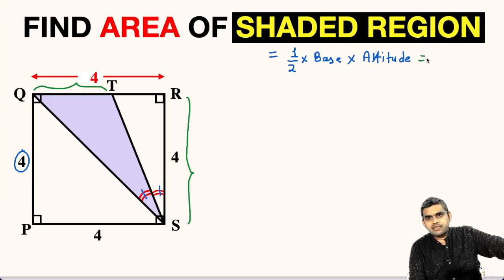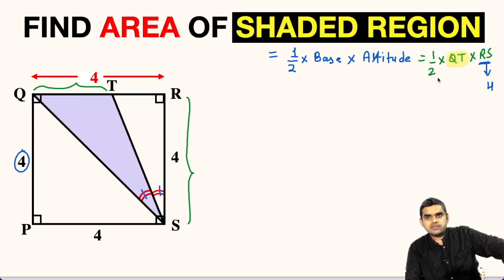So here we can write half times base QT times altitude RS. The value of RS is known to us, that is 4, and the value of QT is not known to us. So our focus will be to find the value of QT.